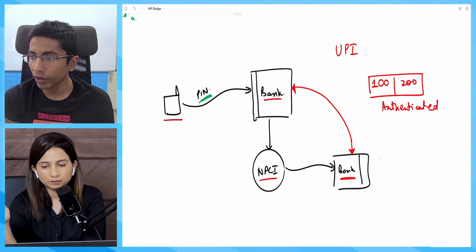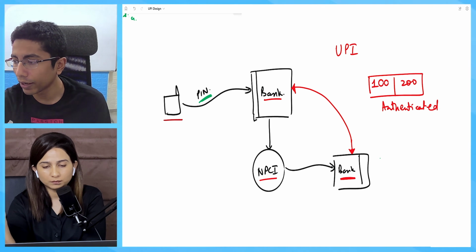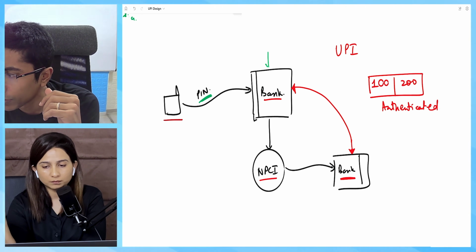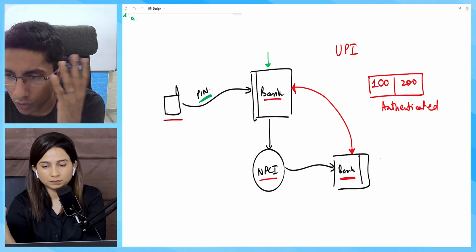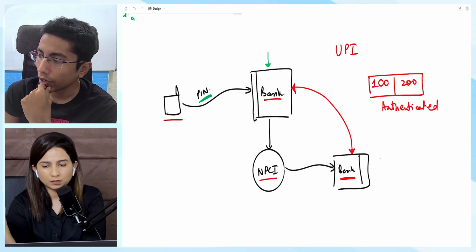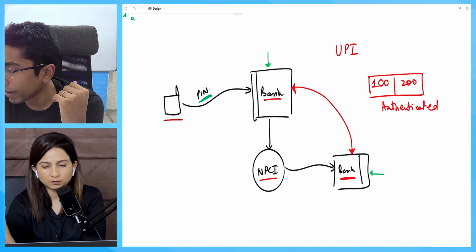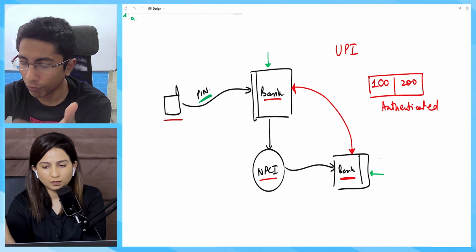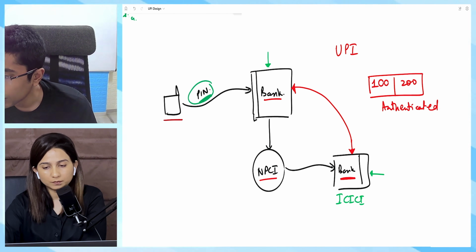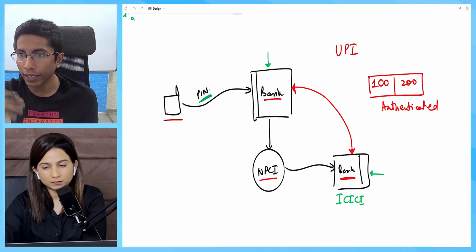But what if I go to a bank or NPCI and say please close down my account? That's also okay. If I come to HDFC and say please close my account, it's not a problem. Collects will stop. If I say stop my bank account, it's okay. The payment will fail.